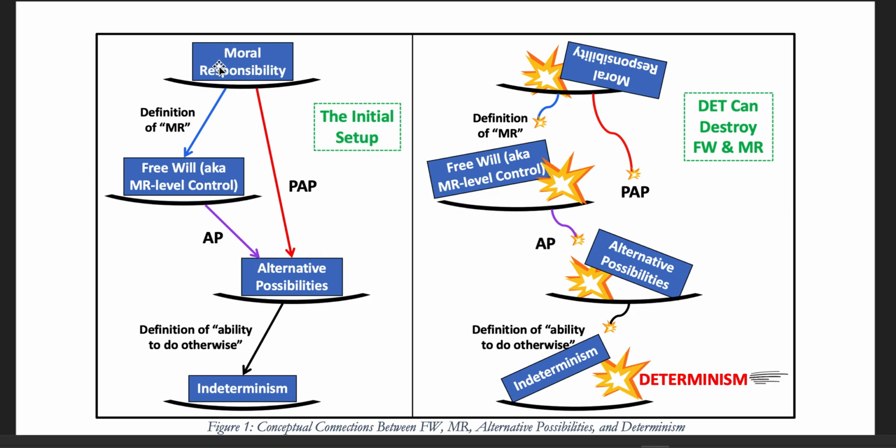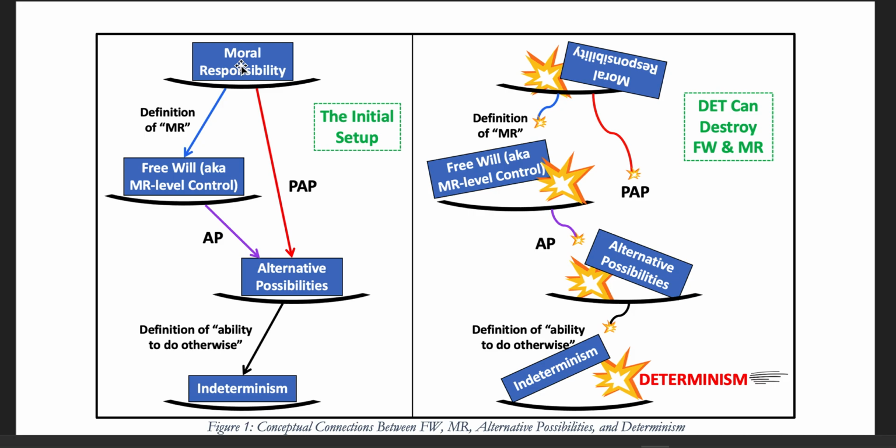So again, people define free will in terms of responsibility. So they say free will is just the control that's required for responsibility, right? So you can't be responsible unless you have free will, a certain level of control. And that's just the definition of responsibility, right?